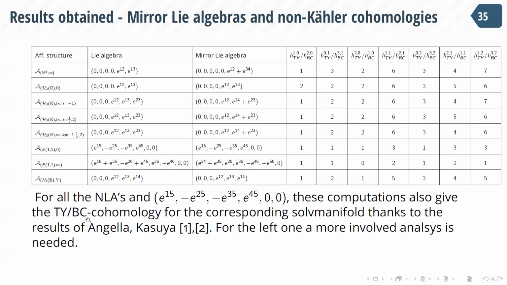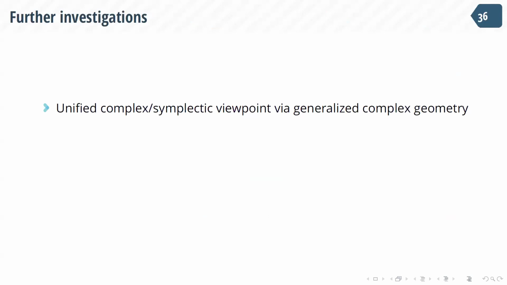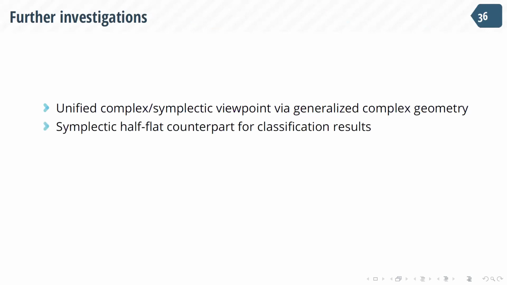And we can make some final comments and possible ways to go ahead with this line of research. First of all, it's possible to rephrase all the results in terms of generalized complex geometry.